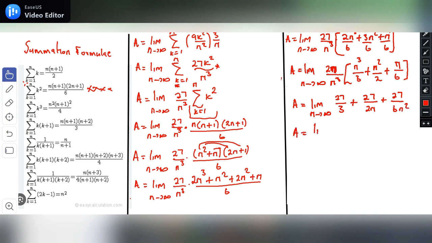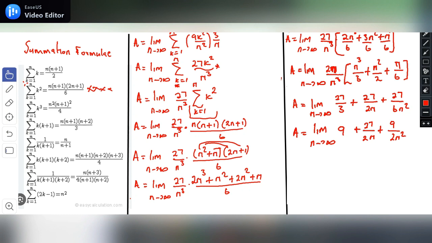Therefore now our limit as n approaches infinity: 27 over 3 is going to give us 9, plus 27 over 2n, plus 27 over 6, which is 9 over 2n squared, right? So now we are going to use the limit.